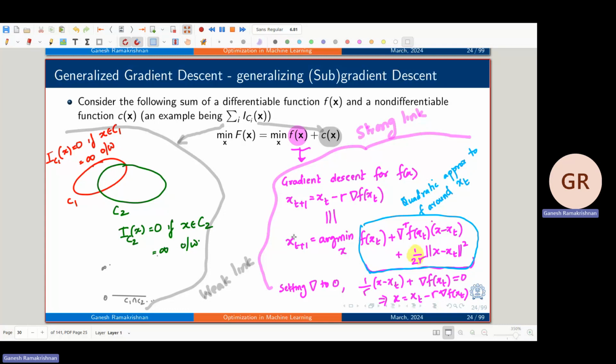What is good about this? We don't have to attempt to find a subgradient for c of x. Why? They may still be interested in a subgradient. Okay, so I will show that in some cases. Imagine I add a one norm here, right? Cx, the classic, I think the best example is if this is taken to be the one norm.